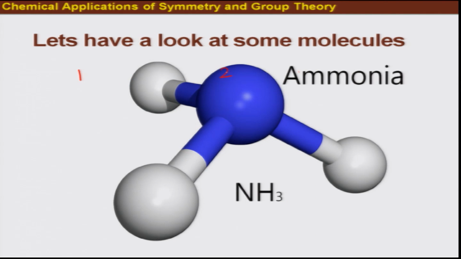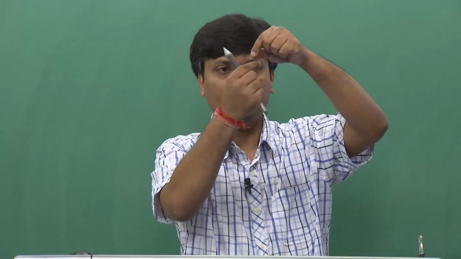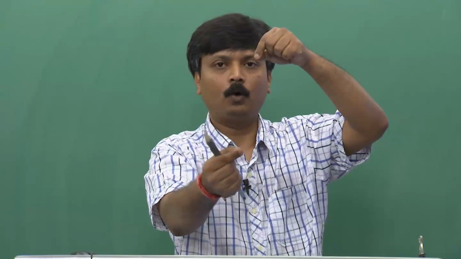Let us have a look at another molecule which is also very much known to us, particularly the students who have been working in chemistry laboratory, organic or inorganic or even physical laboratory. We know about ammonia. Ammonia has a pyramidal structure, as you can see here. So, 1 nitrogen and 3 hydrogens are occupying 3 vertices of a triangle.